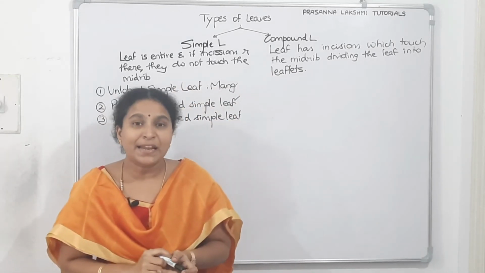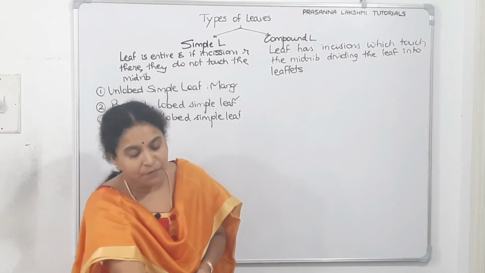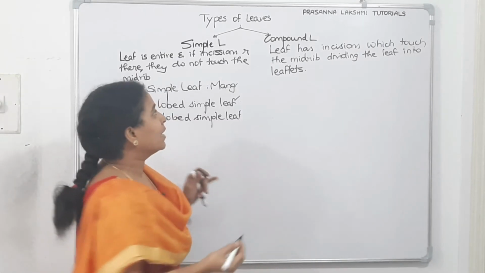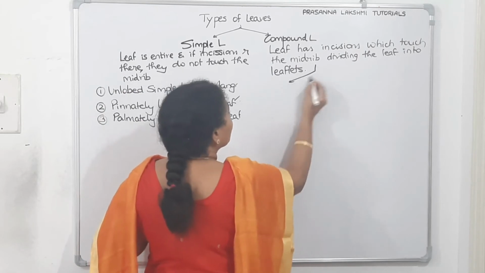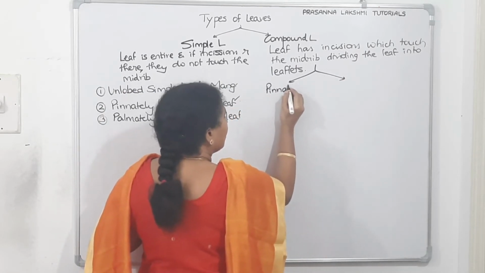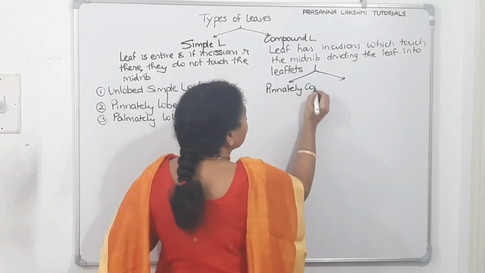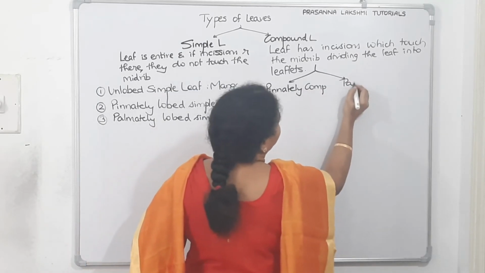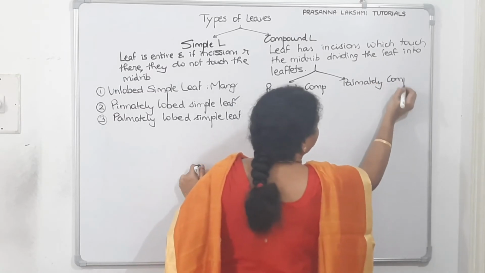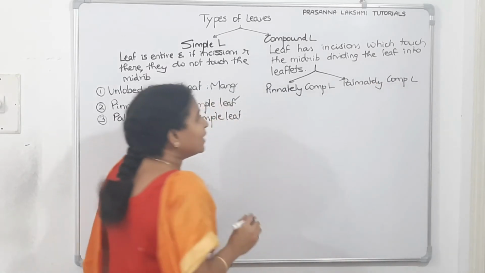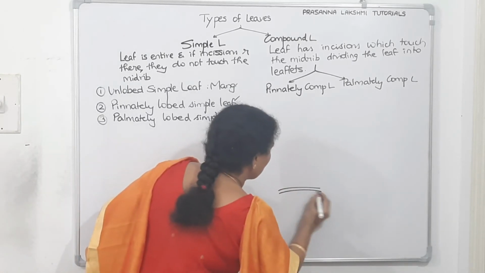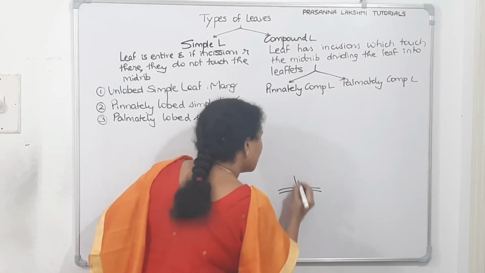Now, based on the arrangement of the leaflets, we can divide the compound leaf into pinnately compound and palmately compound leaf. Now, in pinnately compound leaf, here this is the node and this is the petiole.